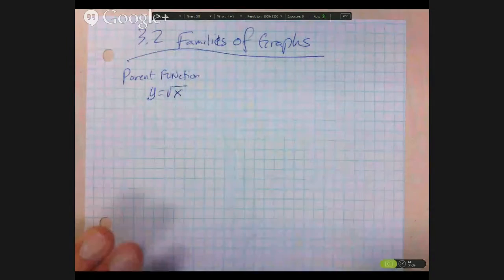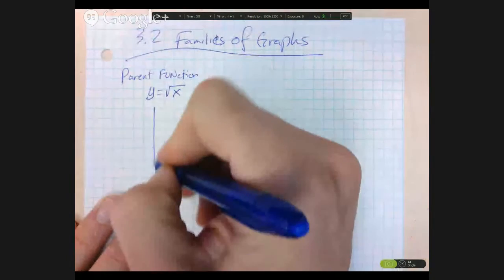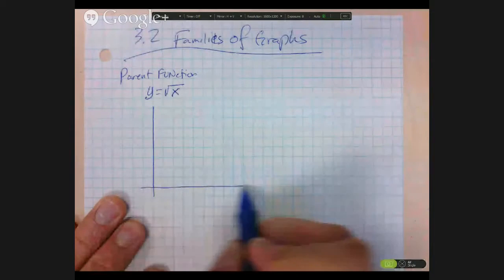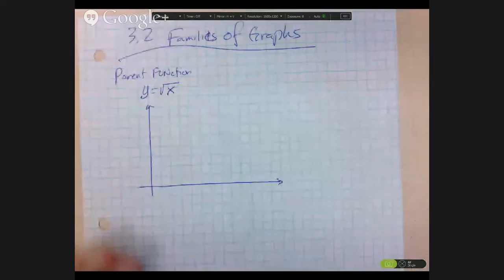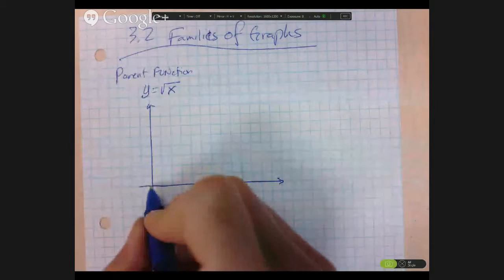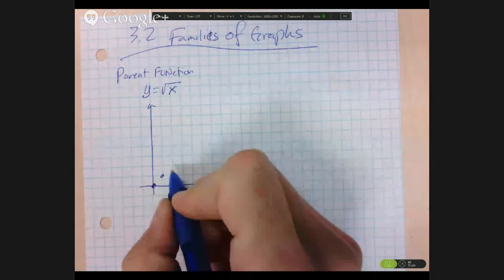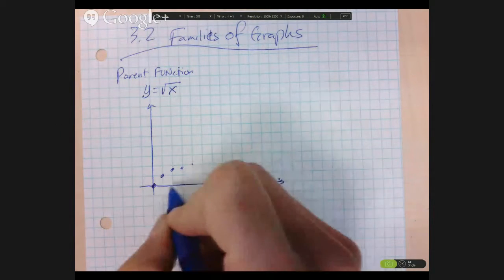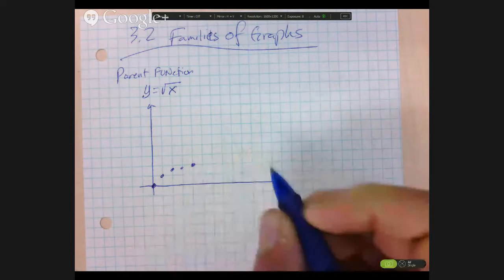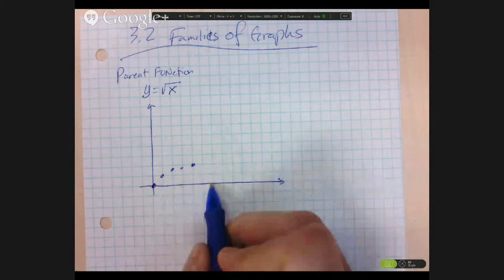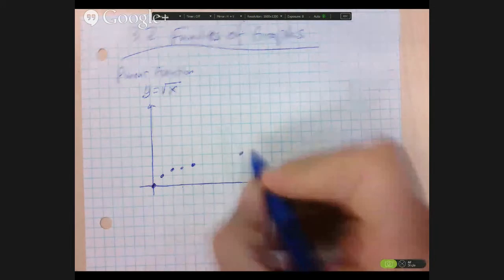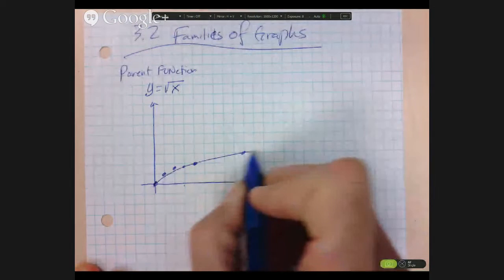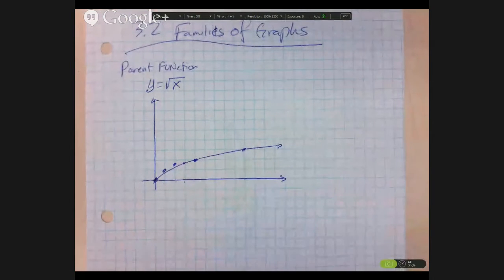I'm going to use the square root of x, since that's one that's not really familiar to you. Okay, that's what the square root of x looks like. That's called our parent function.